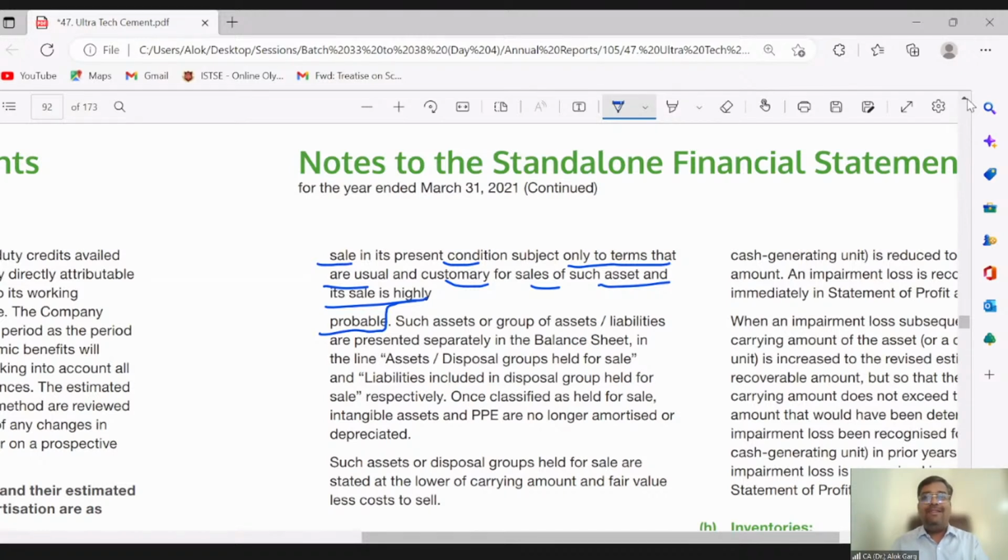Have I told you this aspect also? That it is available for immediate sale in the present condition, subject only to the terms that are usual and customary for sale of such asset, and the sale is highly probable.